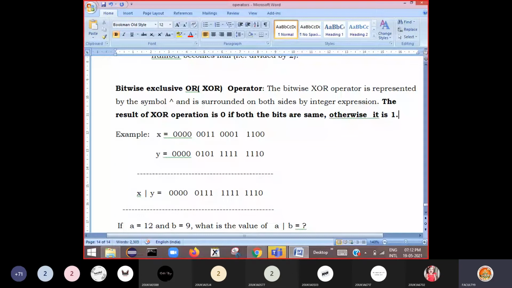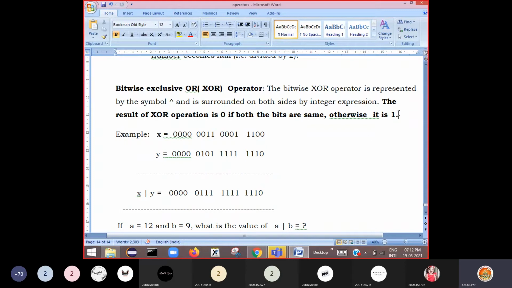Otherwise it is 1. Even if both the bits are the same, then it is 0. And if the bits are different, then it becomes 1. I'm only talking about a 2-bit input here.